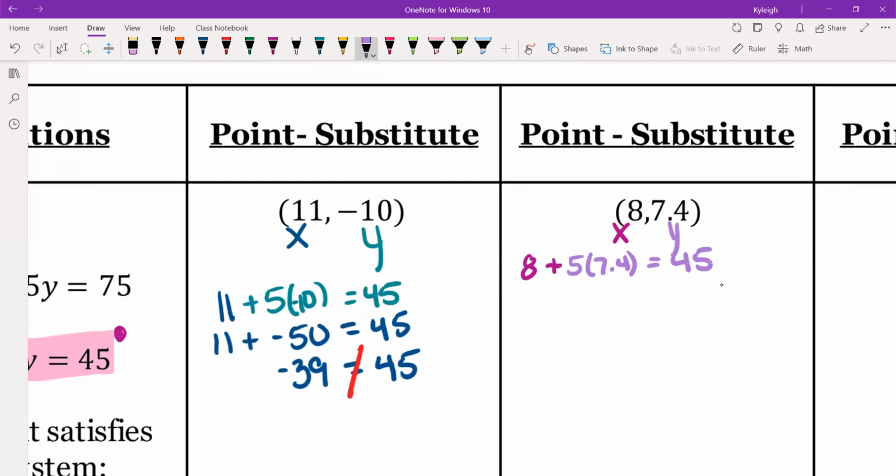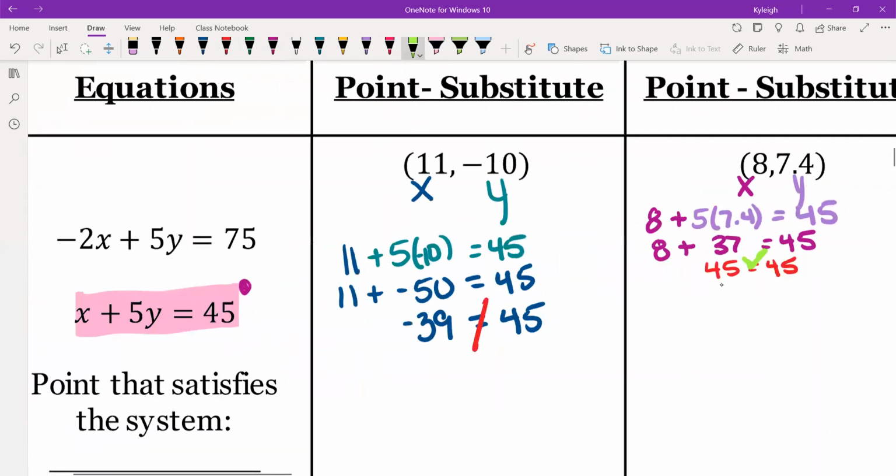So what is 5 times 7.4? 8 plus 37 equals 45. And 37 plus 8 is 45. So in this case, these are equal, right? They are equal.